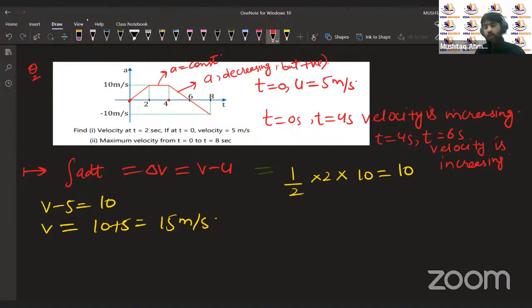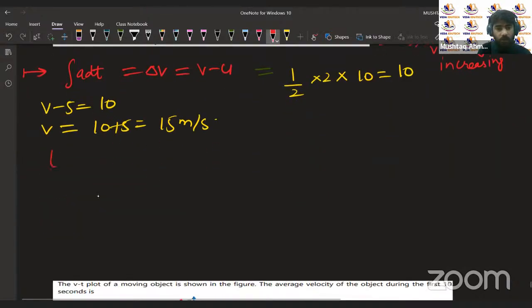And from 6 to 8 seconds, the acceleration now becomes negative, which means the velocity is decreasing. So the velocity increases from 0 to 6 seconds continuously, which means that at time t equal to 6 seconds, the velocity will be maximum, right?